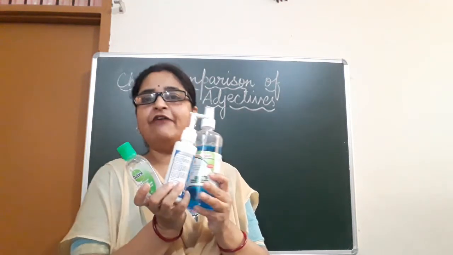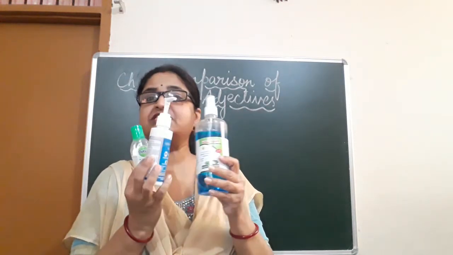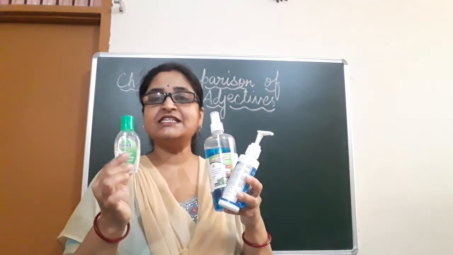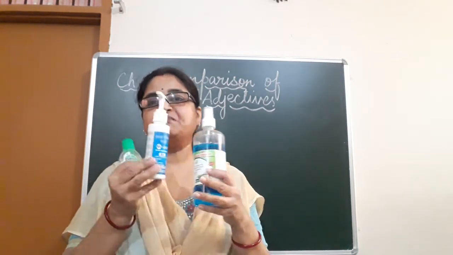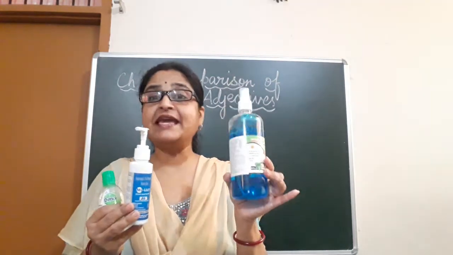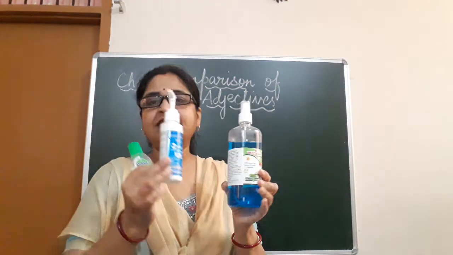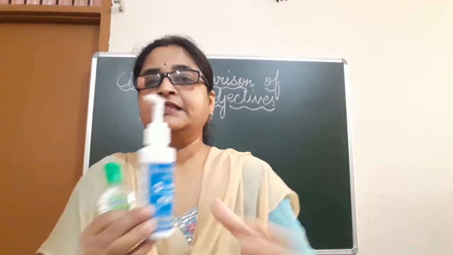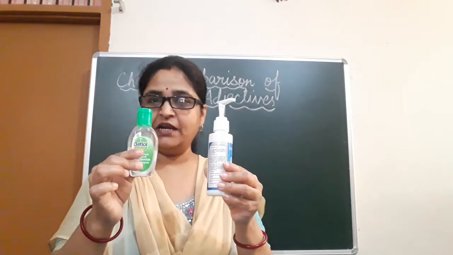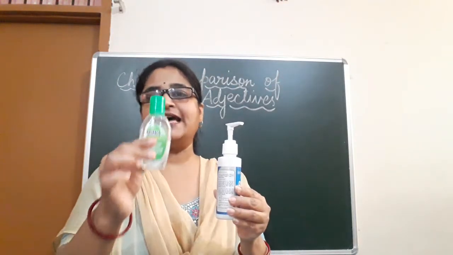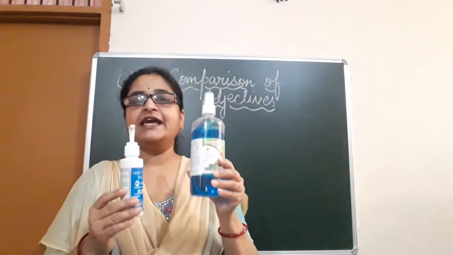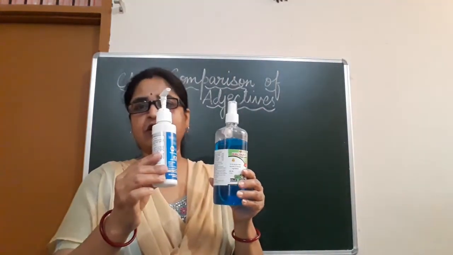So if we have to compare these three bottles together, we will say this is small, this is big, and this is biggest, isn't it? This bottle is bigger than this bottle, and this bottle is bigger than this bottle.